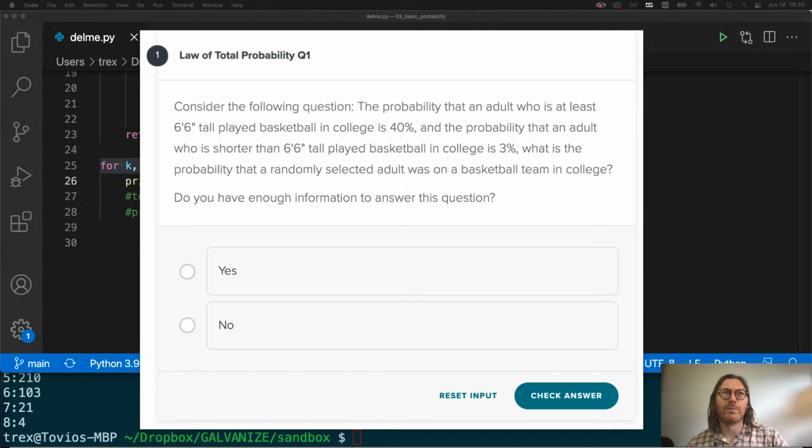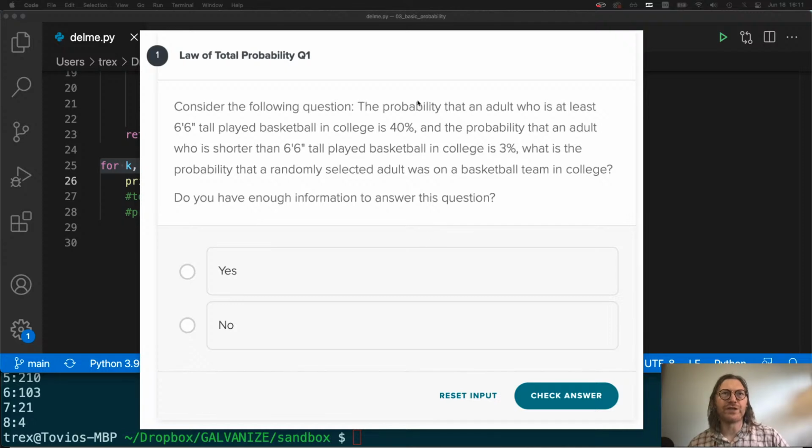Do you have enough information to answer this question? I can answer this offhand, and then we'll look at the second question, which is, I believe, where you are focused. We can answer yes or no here. Unfortunately, the answer here is no.